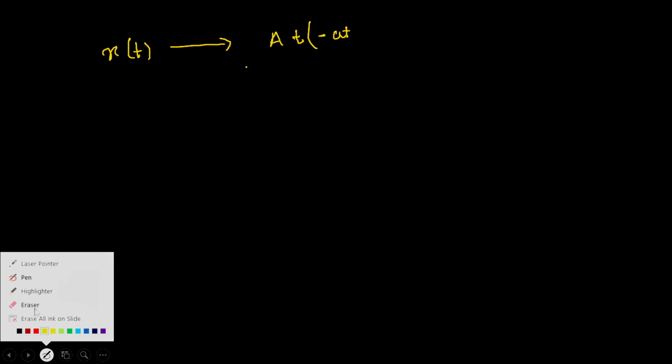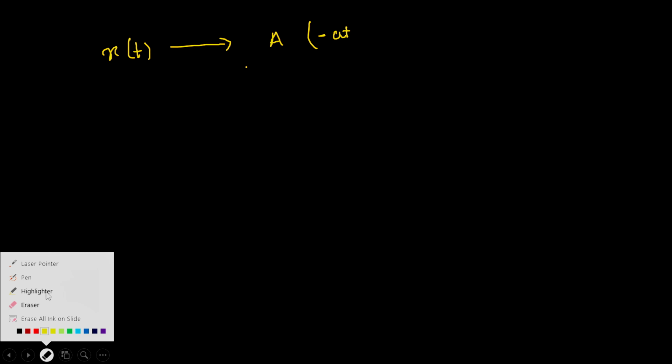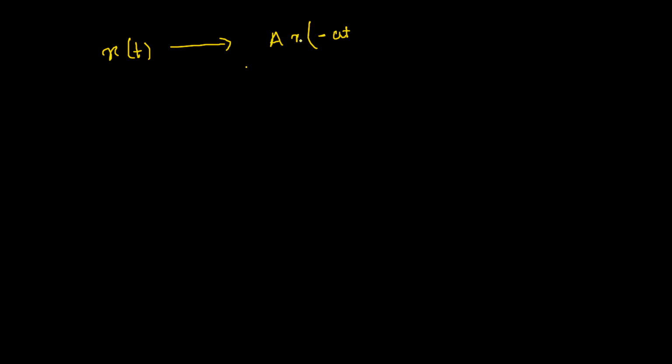Let's say I have x of t and that has been transformed into a times x of minus at minus b. As you can see, this is amplitude scaling.